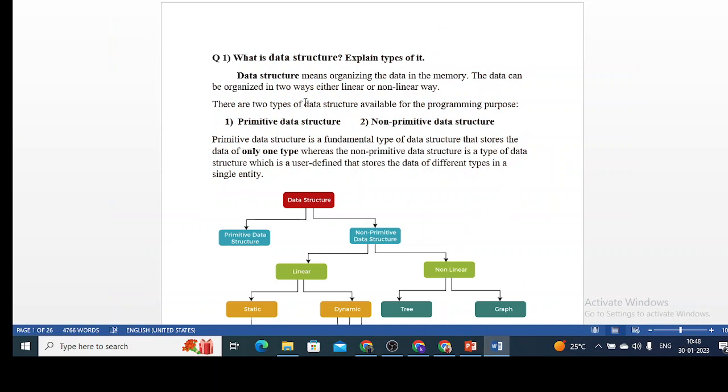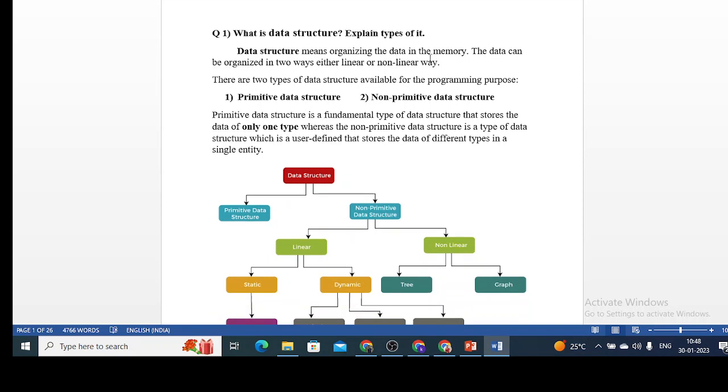Now see, the first question is: explain what is data structure. Explain the types of it. Now, data structure. The word data means information which is going to be processed, or you can say information which describes some things, isn't it?